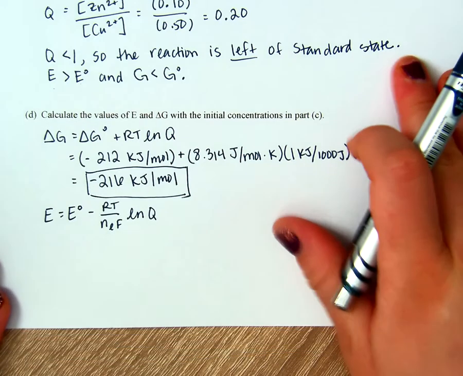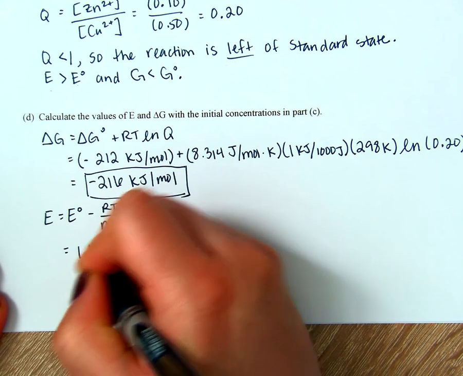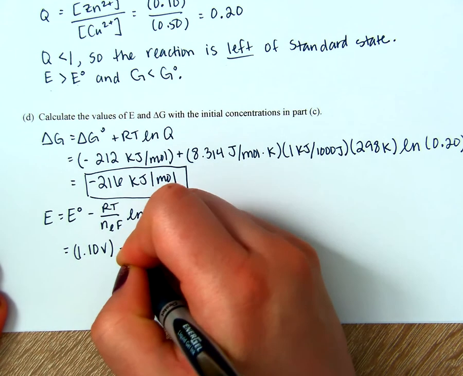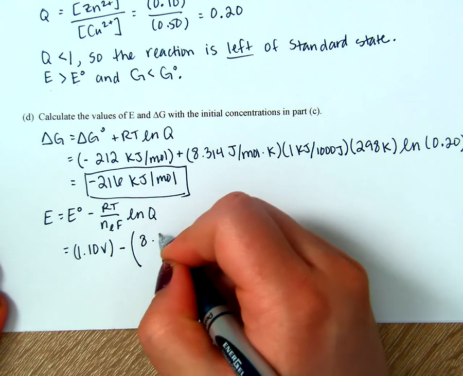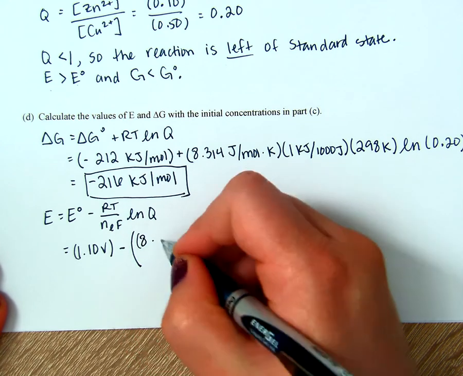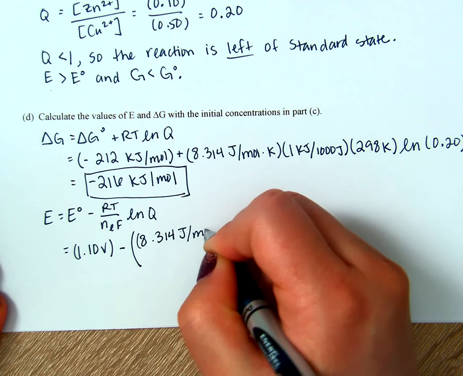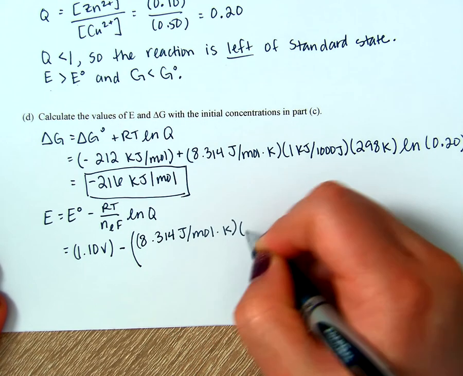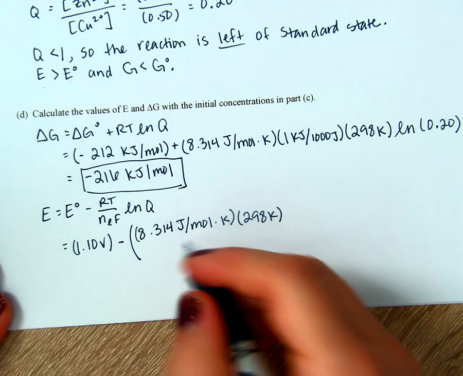So I'm going to go ahead and plug that in, equals 1.10 volts minus, and then plugging in my ideal gas constant, do a lot of parentheses, keep things straight, 8.314 joules over moles times Kelvin, times 298 kelvins, again, that same temperature we're assuming.